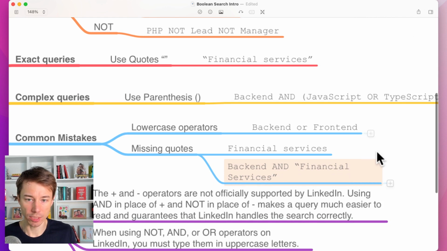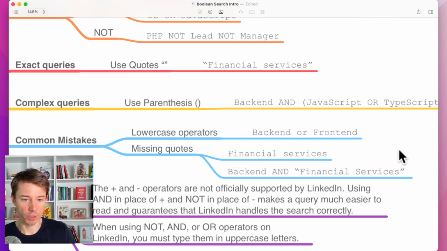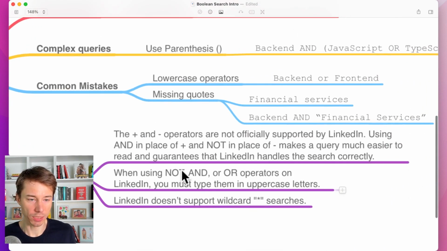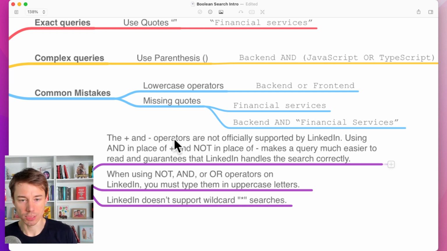But try to just remember, when you see a phrase, then always put the quotes there. And a really quick insight about some insights from LinkedIn. So LinkedIn also recommends not to use plus and minus, because those are not officially supported by LinkedIn.